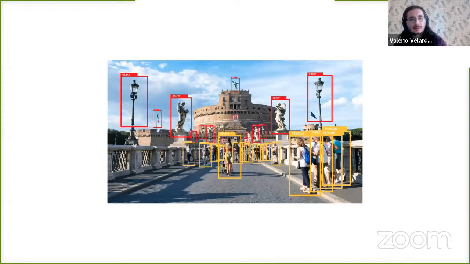Okay, let's get started. So first of all, we want to start from the difference between intelligent and creative tasks. Here we have image classification, or even object detection in this case. You have an AI that analyzes and processes an image, and it tells you, okay, we have a person here, we have a statue here, we have a flag over there.